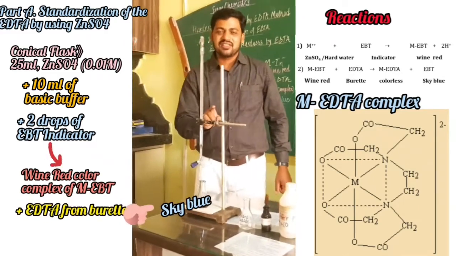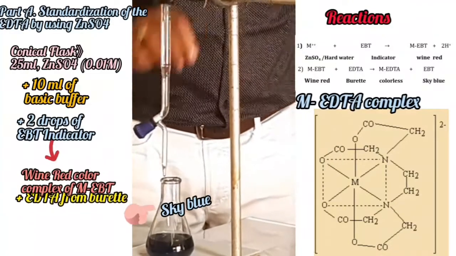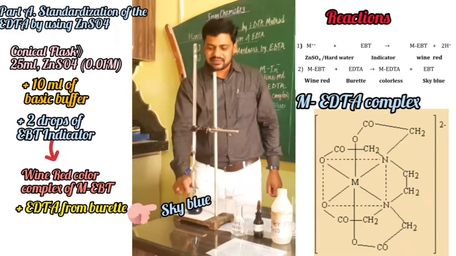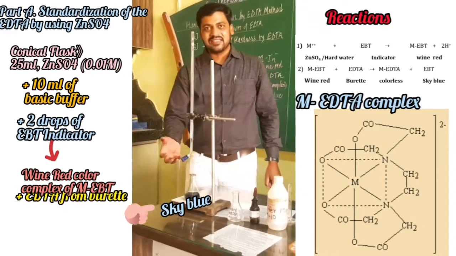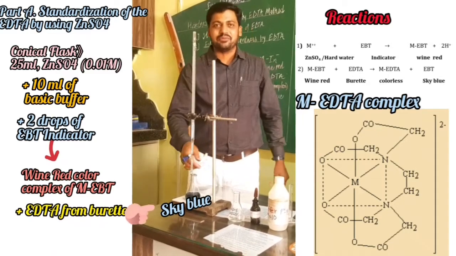Initial color was wine red, but after adding the EDTA, that EDTA reacts with the metal and forms the metal EDTA complex, which is basically colorless, but at the same time the indicator is free from that.